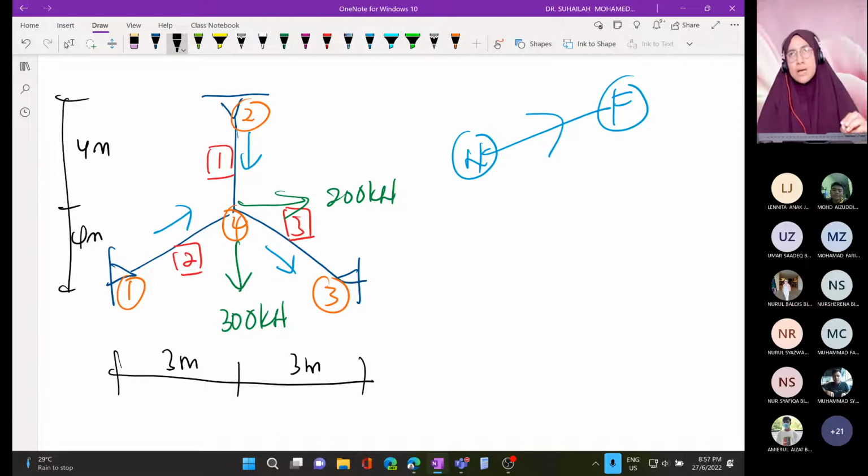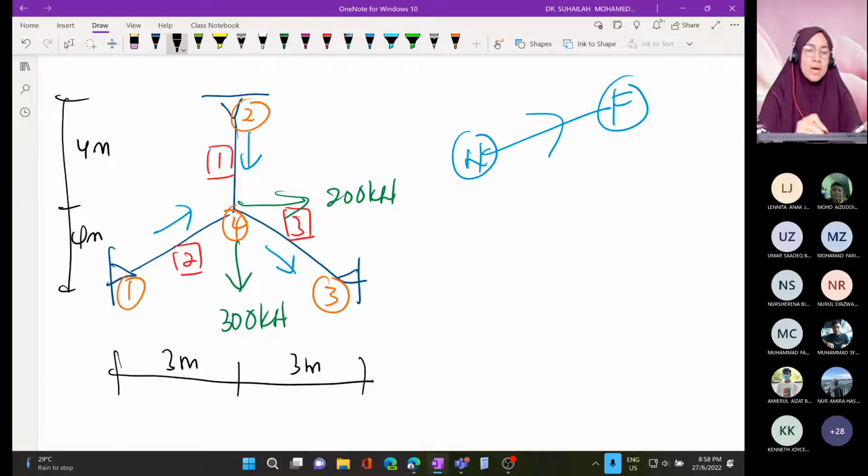And when we want to put the coordinate, we have to choose, this is a tip, okay, tips only. Normally the best way is to choose one node as origin, and make sure that by choosing that as origin, the rest will have positive coordinates.